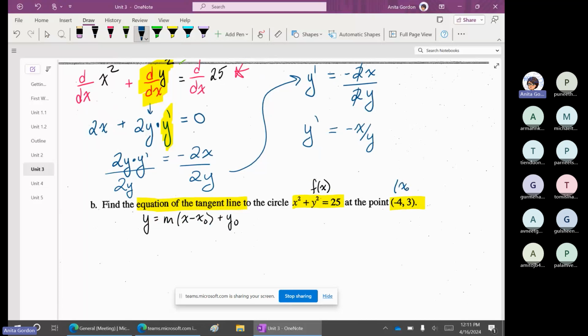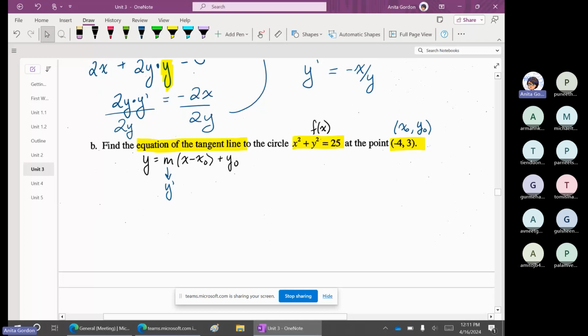These are my x naught and y naught points. My m is y prime, right? The derivative of the function is my slope. However, because I have a key point, it is the derivative evaluated at x equals negative 4, because I have a point of interest here.